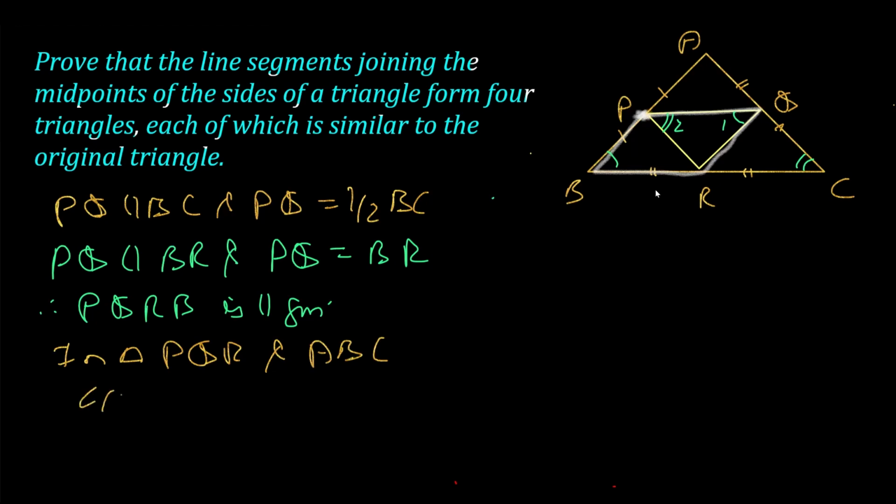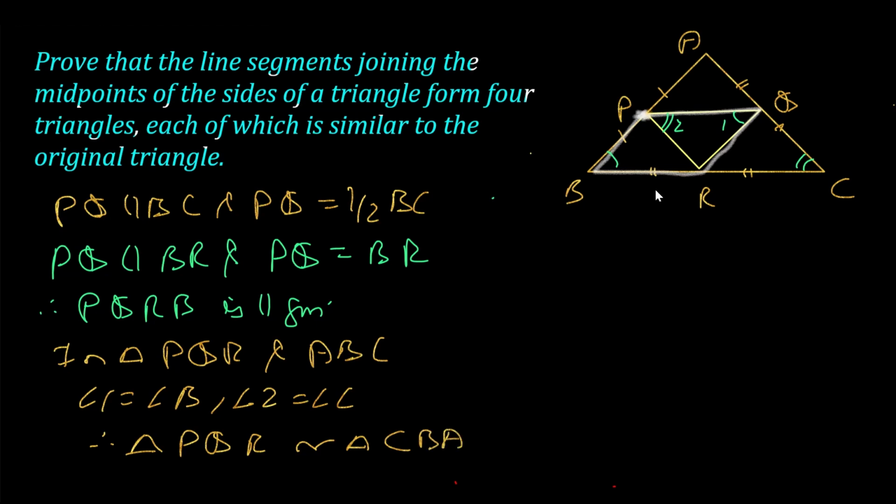So we have angle 1 equal to angle B, and angle 2 equal to angle C. Therefore, we'll write the triangle PQR is similar to triangle, where P corresponds to C, Q corresponds to B, and R corresponds to A.